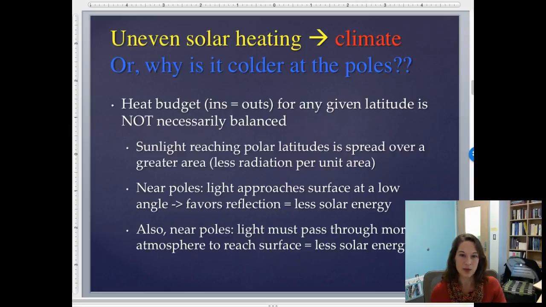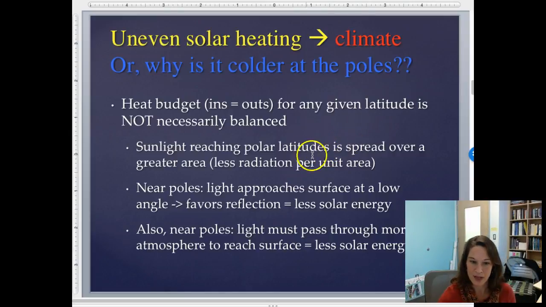So, uneven solar heating. Why is it colder at the poles than at the tropics? This relates back to our heat budget, which is the incoming energy versus the outgoing energy. And this, for any given latitude, is not necessarily balanced. So that means that not all of the heat from the sun that comes into our planet is re-radiated back out to either the atmosphere or space.